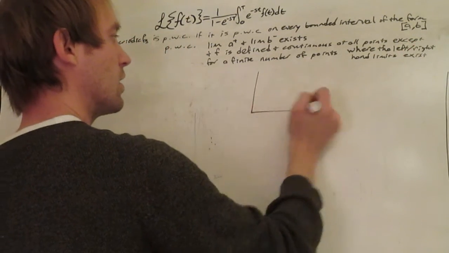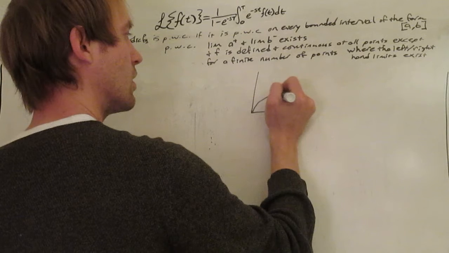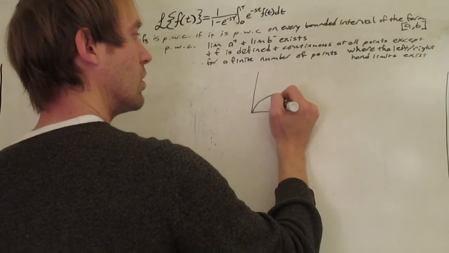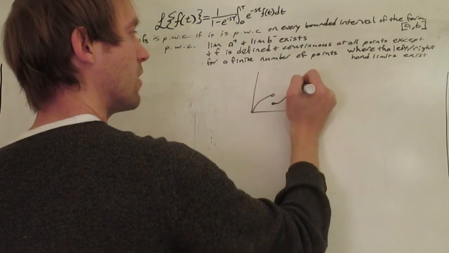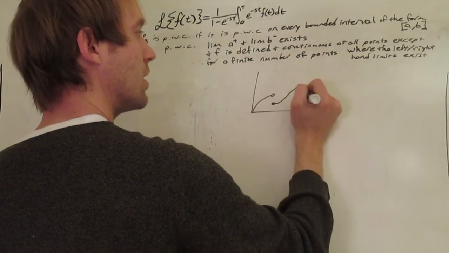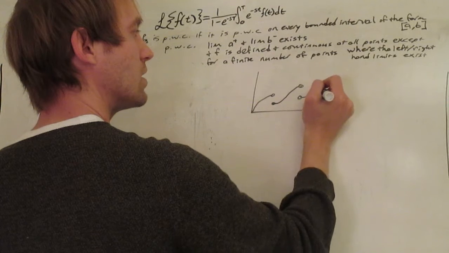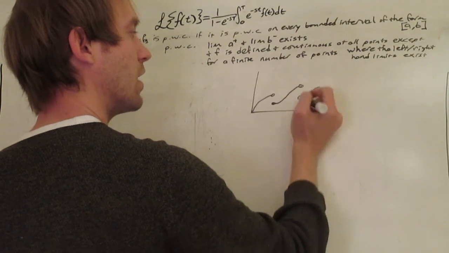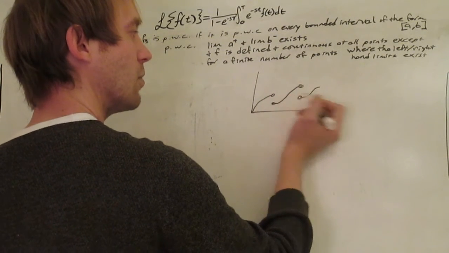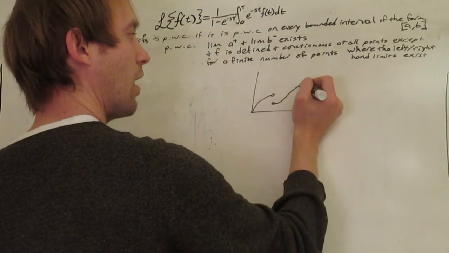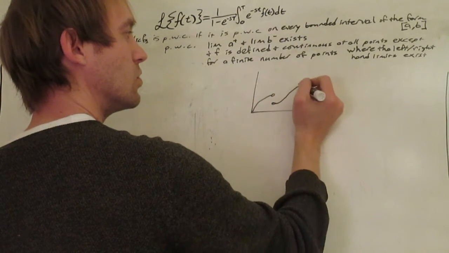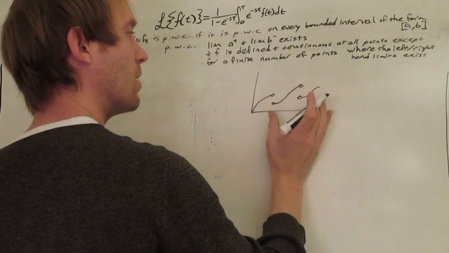So basically what this says is you have something here, and maybe it's defined there, maybe it's not defined there, not defined here. Well, that's okay because it's only a finite number. It may contain a point, or it may not; you might have it undefined at that point.